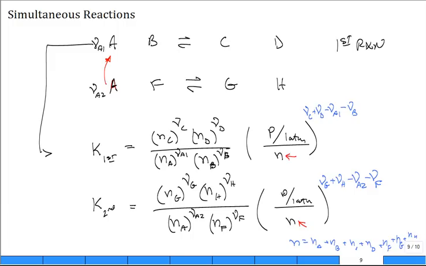And then you can solve. These would be a function of temperature, and if they're in equilibrium, they have the same temperature. It's not like this reaction can be going at a different temperature than that reaction at equilibrium. They would be the same temperature.